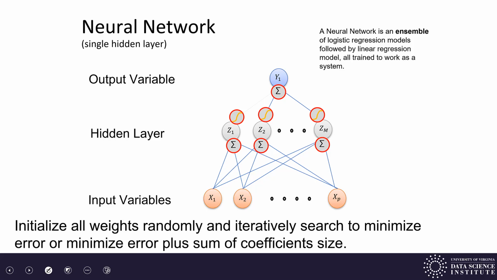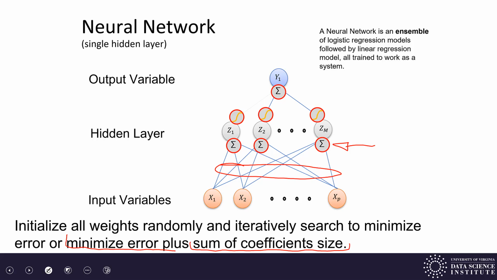Remember, all the weights are the coefficients that are applied in here to get all the sums at this level. So there's a matrix of weights that are randomly initialized, and there's an iterative search to minimize the error, or more importantly, you minimize that error plus the sum of the coefficient size, and that sum of the coefficient size acts like a regularization.